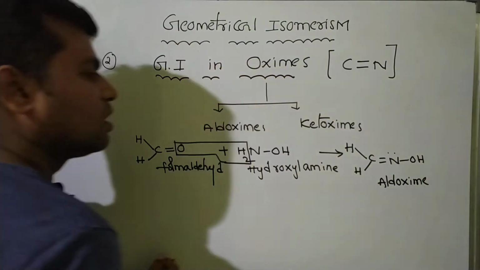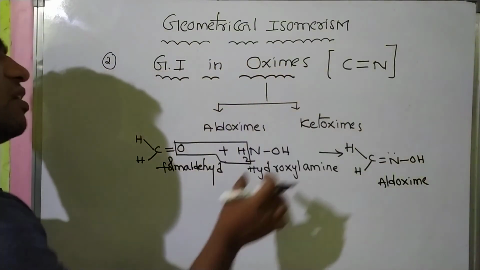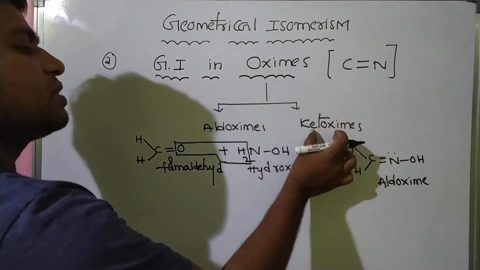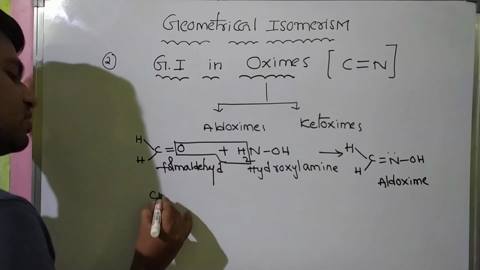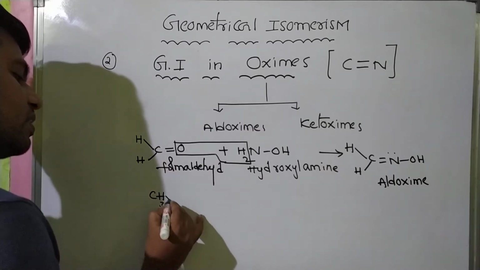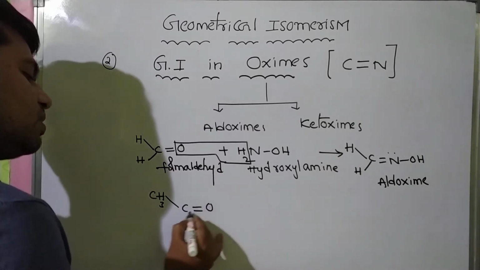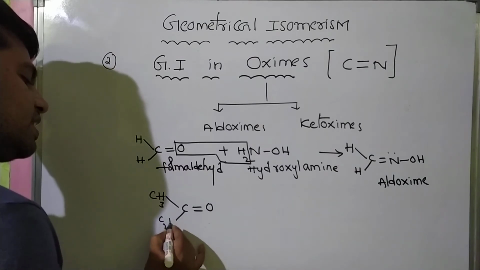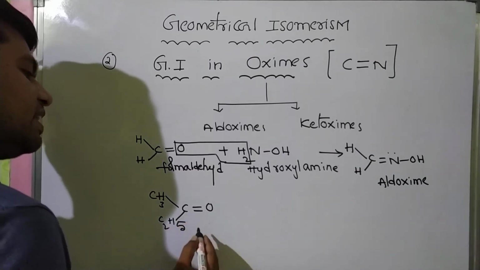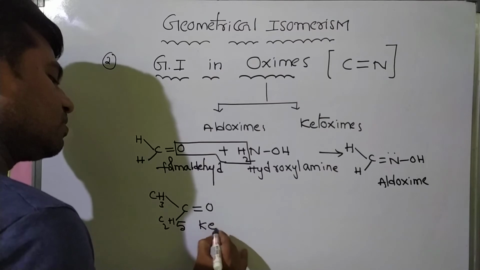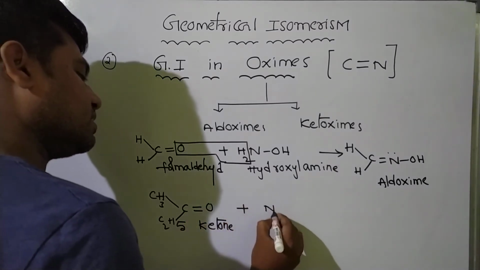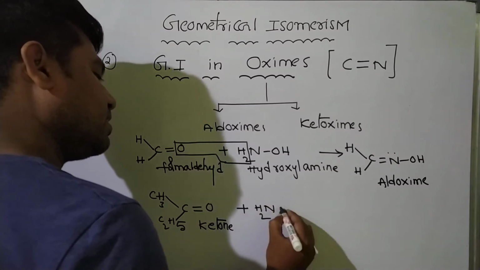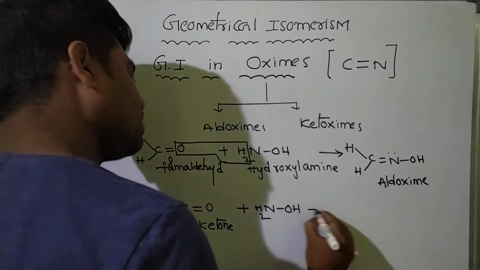Okay, students. Now ketoxime. Ketoximes are obtained from ketones. Now you take any ketone, CH3, C double bond O, C2H5, ethyl methyl ketone. This is a ketone, ethyl methyl ketone. Now again, this will react with hydroxylamine.